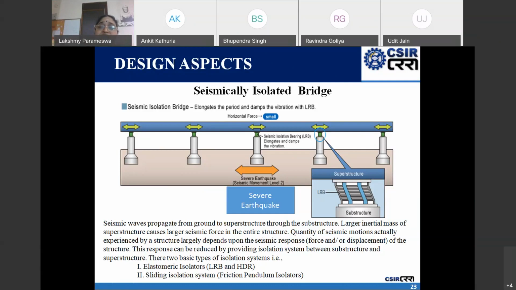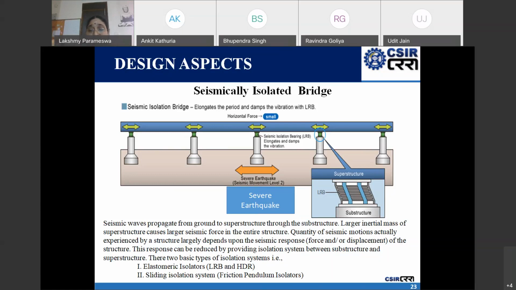Another approach is to isolate the bridge with the help of isolation bearings, and there are two prominent types of bearings which can be used, either a lead rubber bearing or a friction pendulum bearing. They basically extend the time period of the structure, and because of that, the seismic demand for the bridge itself will get reduced.